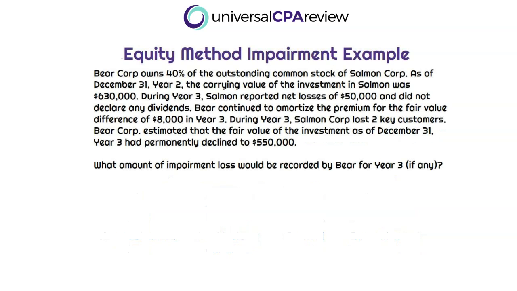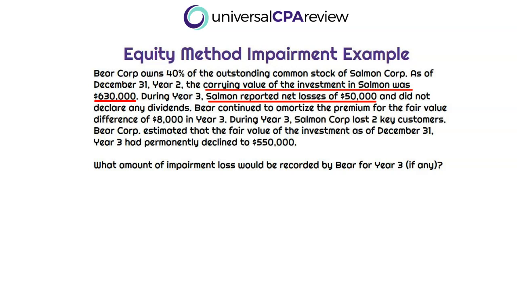Once again, we have Bear Corp, and they own 40% of the outstanding common stock of Salmon Corp. As of December 31st, year 2, the carrying value of the investment in Salmon on Bear's balance sheet was $630,000. Now, flash forward to year 3, Salmon reported net losses of $50,000, and they did not declare any dividends.